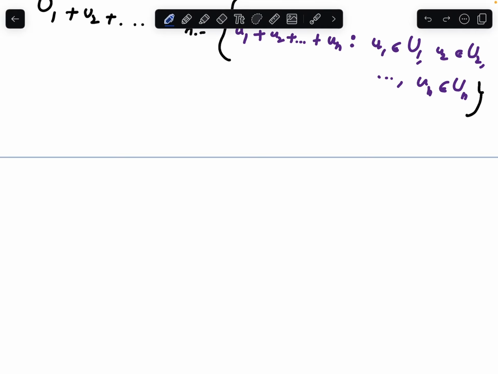So we take a previous example. U1 is equal to span of (1, 0), and U2 equal to span of (0, 1).